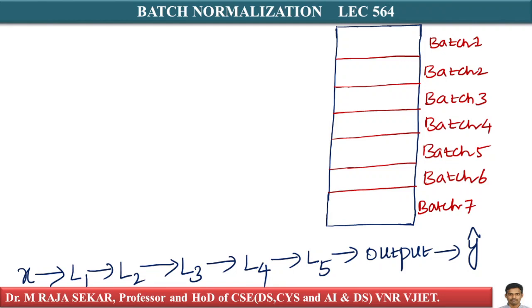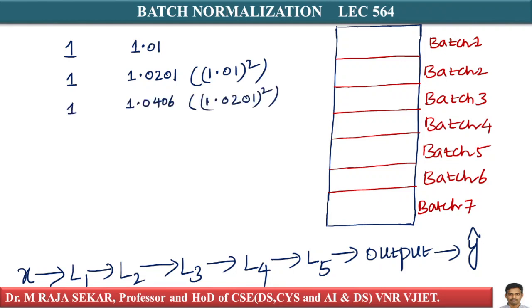Let's assume I have two variables, where the first variable's value is 1 and the other variable's value is 1.01. In the next step, I multiply each with itself. 1 squared is 1, and 1.01 squared is 1.0201. Again, I square it: 1.0201 squared is about 1.040. If I keep doing this a bunch of times, the first one remains 1, but the other value increases dramatically.